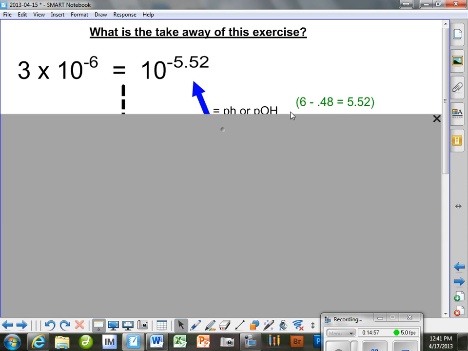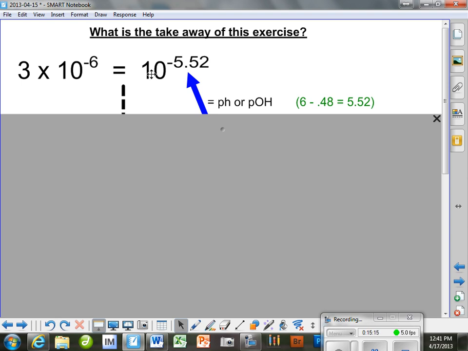And that's where we get this. Now when we subtract those out, it becomes 5.52. What I didn't show you before is that the exponent is really 10 to the minus 5.52.